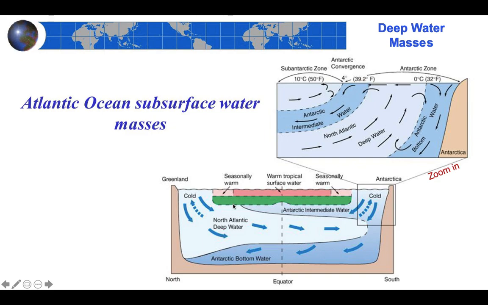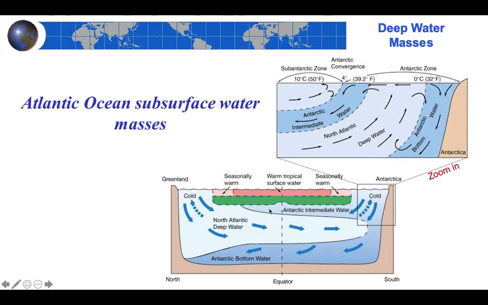We're looking at this bathtub analogy of the Atlantic water again. Here we're looking at Greenland in the north and Antarctica in the south, and we have the warm tropical surface waters. Here's that Antarctic intermediate water that we talked about earlier, pretty warm but higher salinity.